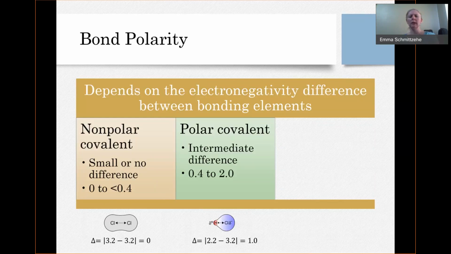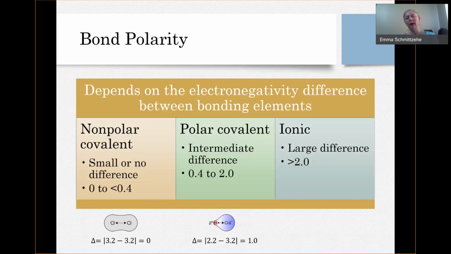Now the last one is an ionic bond. So an ionic bond, remember, is when electrons are completely transferred from one thing to the other. Okay, so this is actually when you have such a large electronegativity difference that one of those atoms has such a great pull on the electrons, it just completely takes the electrons.